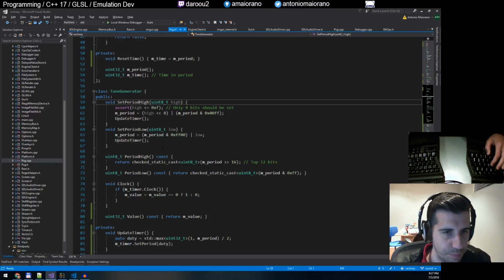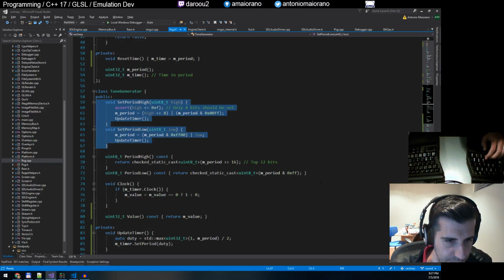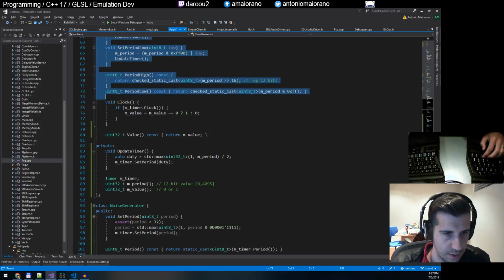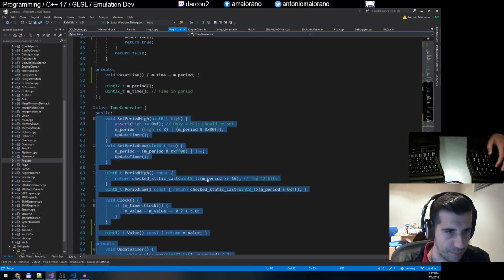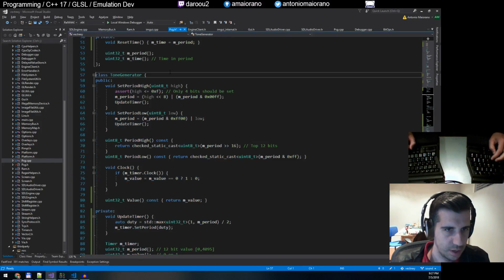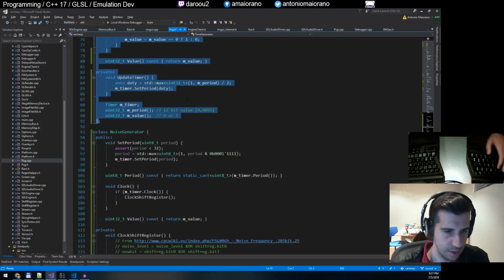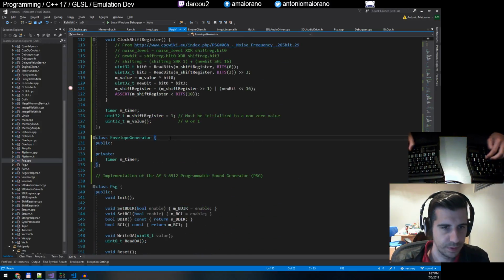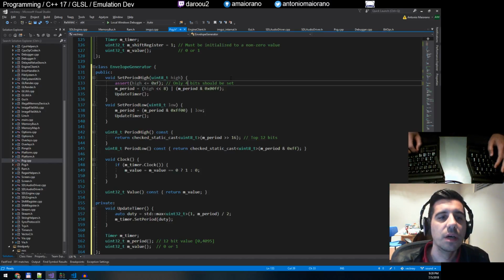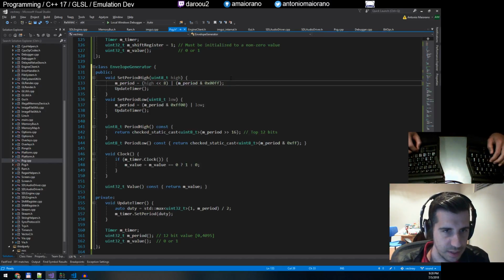In fact, it'll be almost exactly the same. What I'm going to do is just copy all of this, and then we'll adjust. So this is not the case.